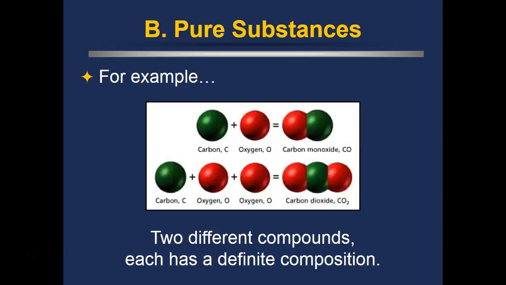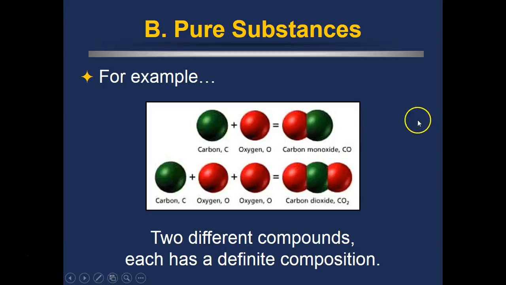For example, we have two different compounds pictured here, and when we see models like this, each sphere represents a different atom. So in this case, carbon atoms are green, oxygen atoms are red.